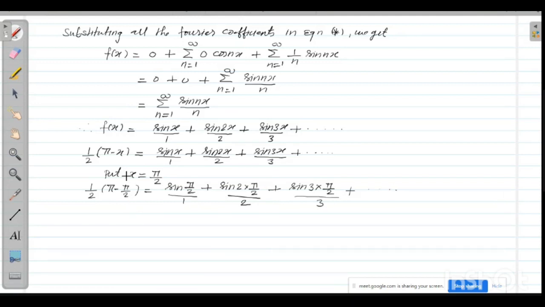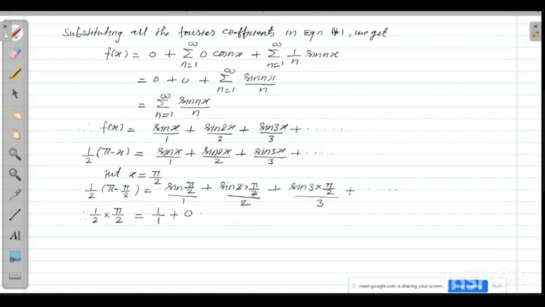Okay, so just simplify, so you'll get 1 by 2, cross multiply, 2 pi minus pi, that is pi by 2. And this equals, sine pi by 2 is 1. So this can be written as 1 by 1 plus, this 2 and this 2 cancel, so here sine pi, but sine pi is 0. This term will be 0.